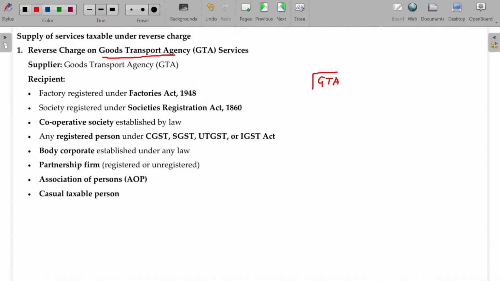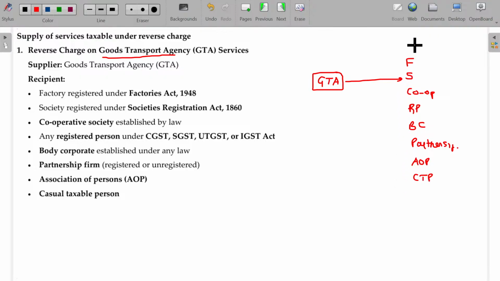In this case, transport agencies supplying the goods, where RCM basis will be applicable provided the recipient being a factory or society or cooperative society and any registered person under CGST, HGST, UTGST, IGST, body corporate, partnership firm, and AOP and casual taxable persons, CTP.